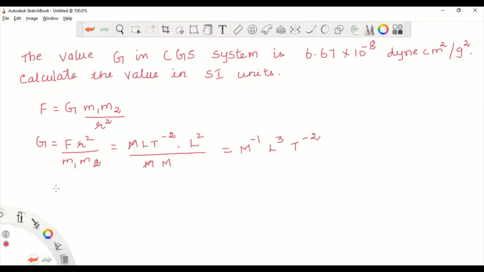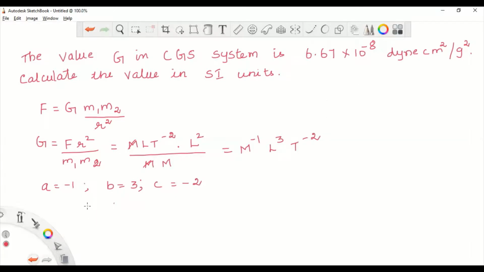From this we are going to write A, B and C. We know that A is equal to minus 1, B is equal to 3, and C is equal to minus 2. Now we are going to write the values in CGS system and SI system.